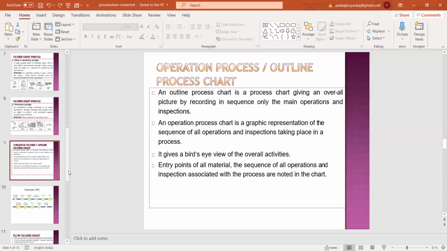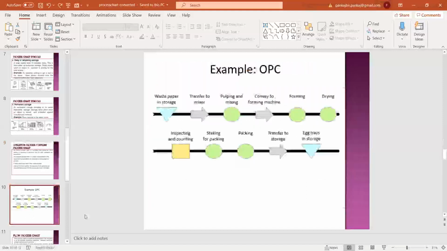Although there may be other symbols also used in the process, so there is a proforma of outline process chart, which is in short known as OPC. So this is an outline process chart where all the activities are shown on one page, and the outline of all the activities is shown here.